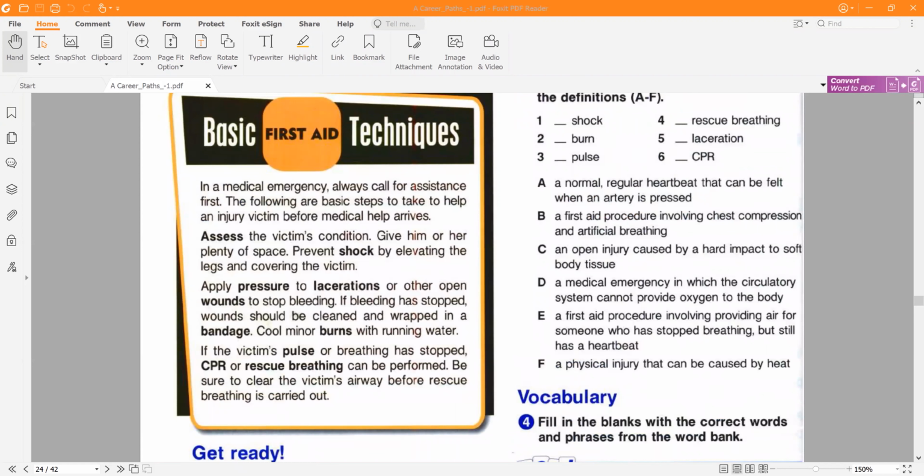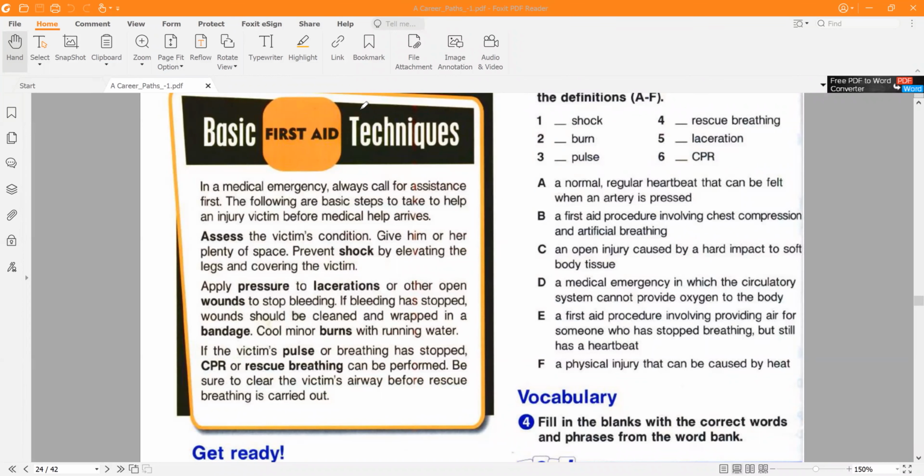Unit 10, First Aid. Exercise 5, page 23. Basic first aid techniques. In a medical emergency, always call for assistance first. The following are basic steps for an victim before medical help arrives. Assess the victim's condition. Give him or her plenty of space.